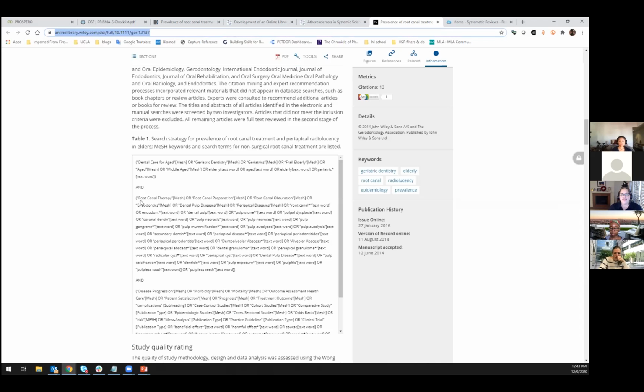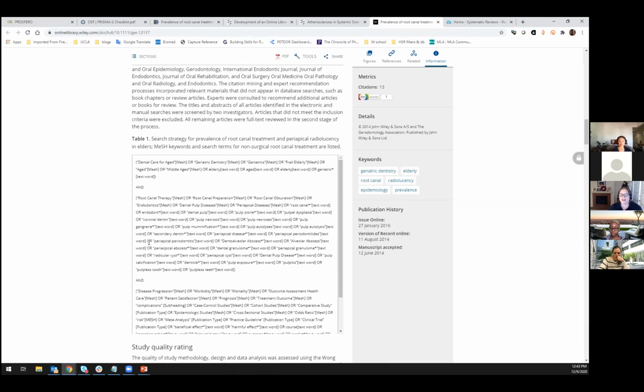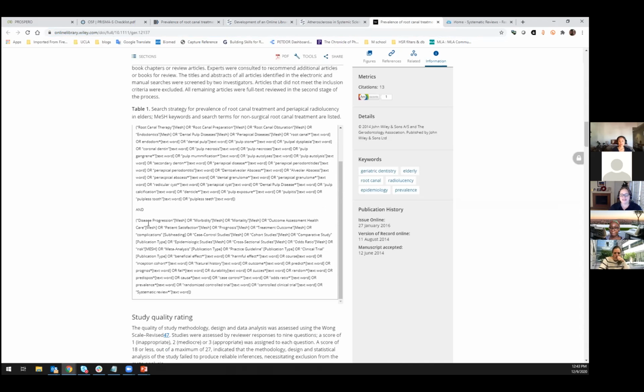And so here we ended up getting really far down into the weeds about different kinds of outcomes that you could have as a health-related outcome for the root canal treatment, as well as what kind of disease progression or the types of studies that would help answer how patients fared long-term with this.